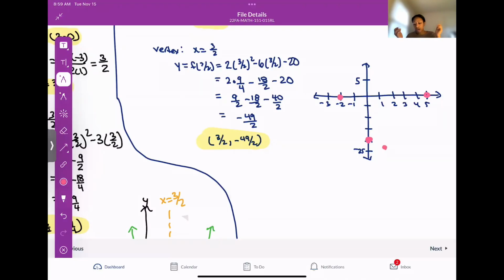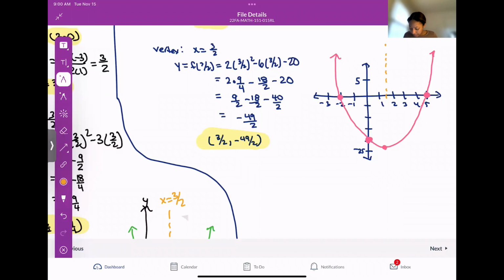All right, we want to draw an upward opening parabola that goes through these points. The right side should look like this, and then the left side should look like this. And then success. That's our nice hand-drawn parabola. And lastly, if I wanted to draw my axis of symmetry, 1/2 is about there.